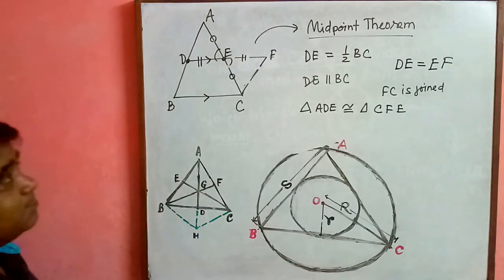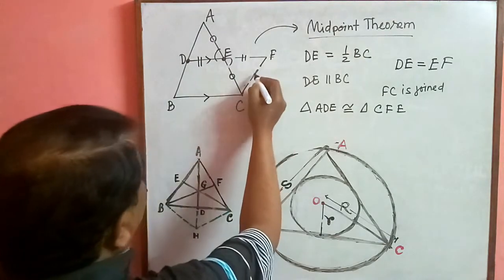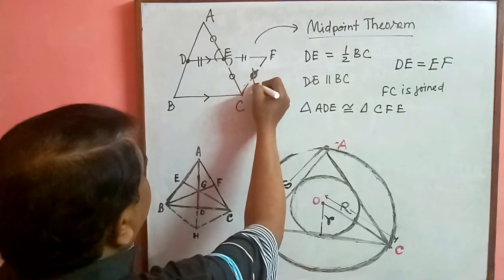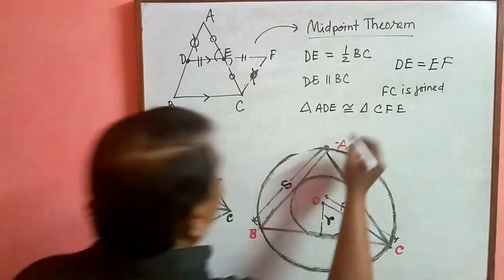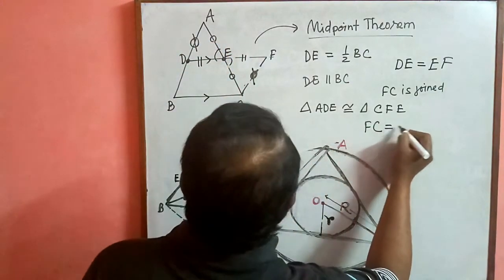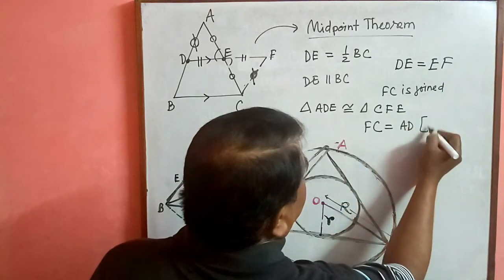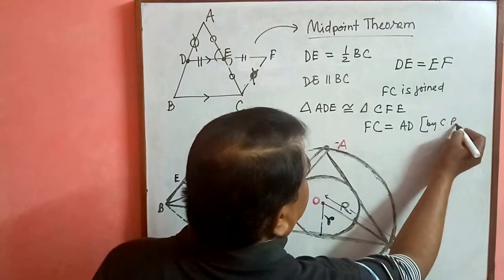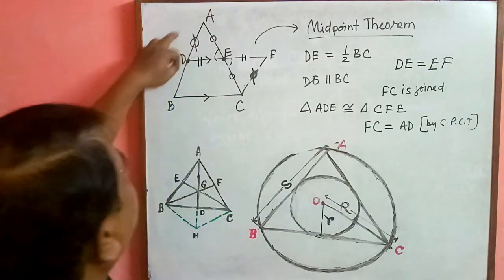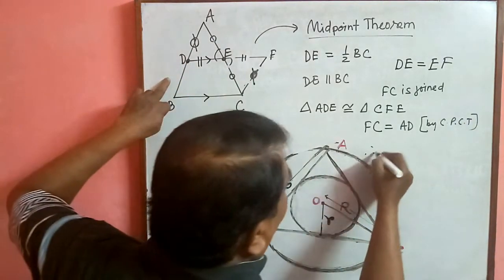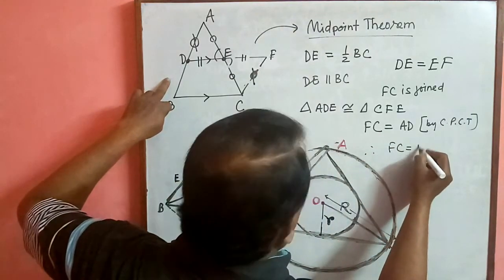By CPCT, FC is equal to DA. We already know AD is equal to BD. So FC is equal to BD.